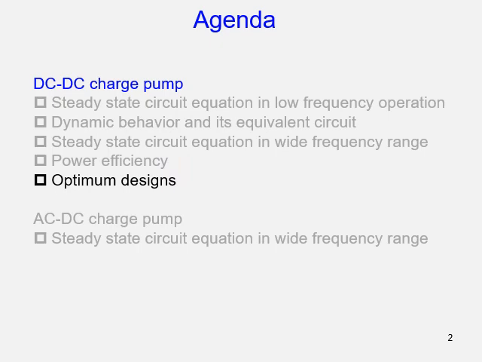And in this tutorial, I'm focused on the optimum designs: how you should design the charge pump when you want to minimize the circuit area, or maximize the power efficiency, or optimize the charge pump in a balance between the area and power, or the frequency, and so on.